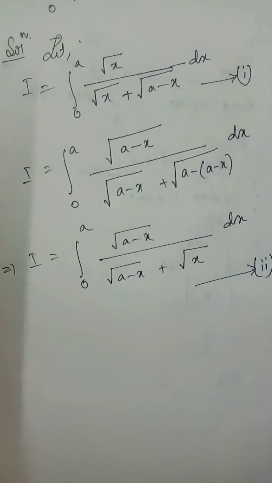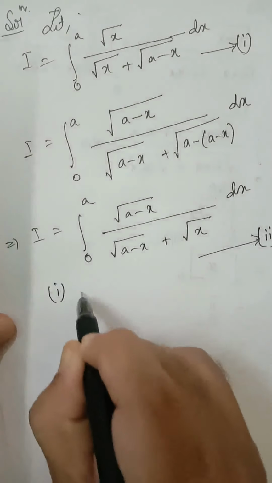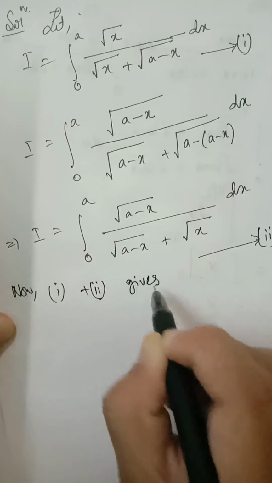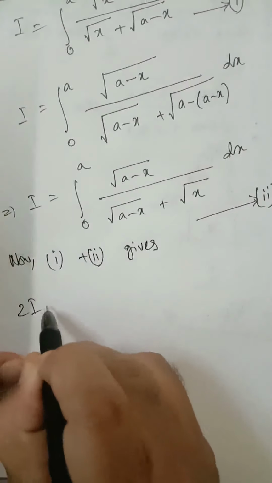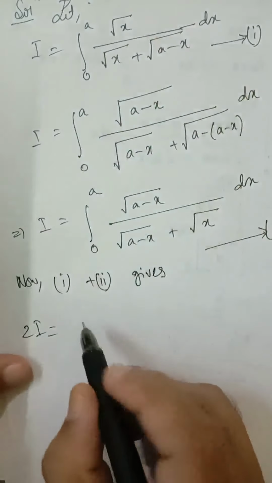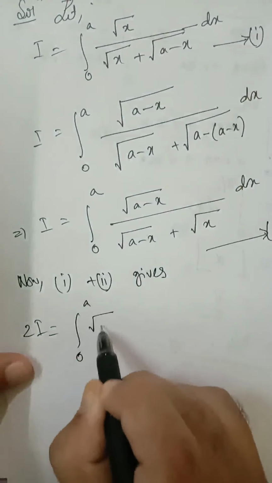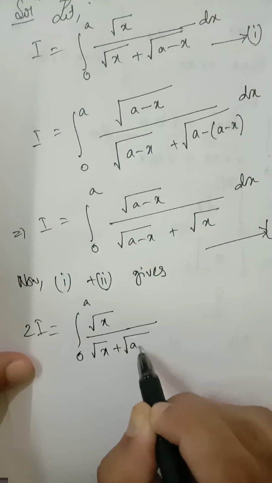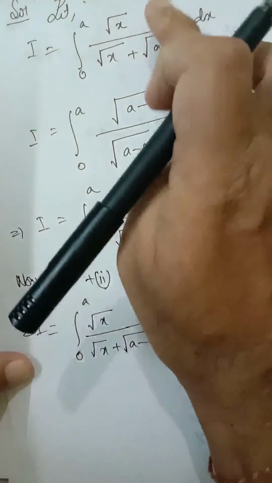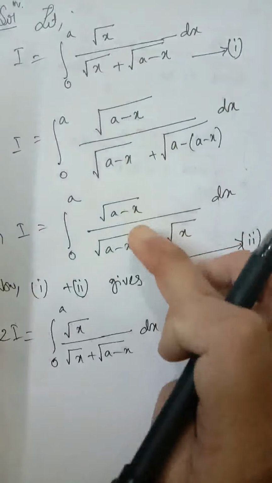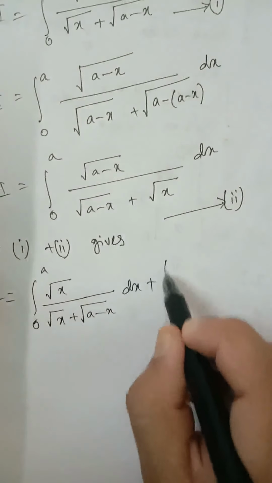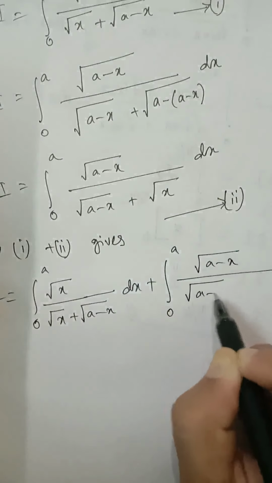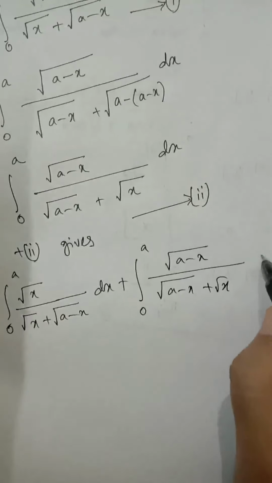We will add these two now, 1 plus 2 gives twice I equal to the integral from 0 to a of root x by root x plus root a minus x dx, plus 0 to a root over a minus x by root over a minus x plus root x dx.